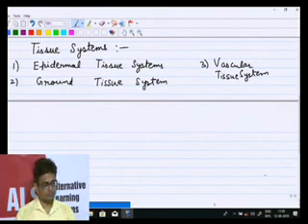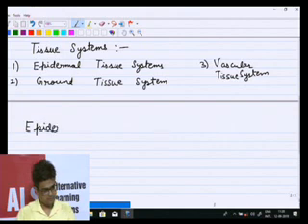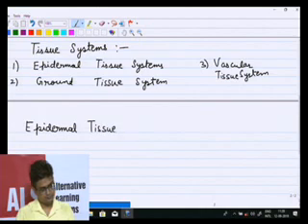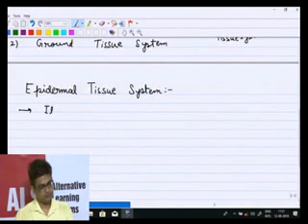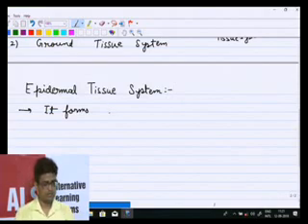So epidermal tissue system, should I give you a quick revision? It is the outermost covering. I believe we have done epidermal and ground. I am just giving you a quick revision because vascular was not complete, and then we have to do the cross section.